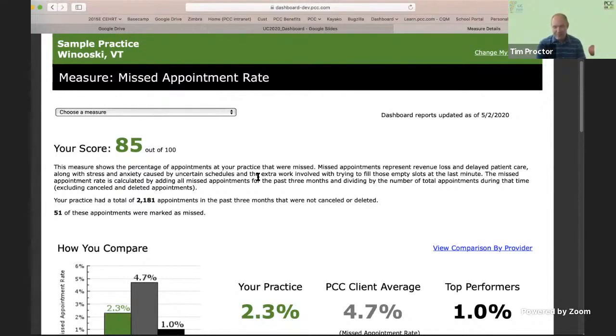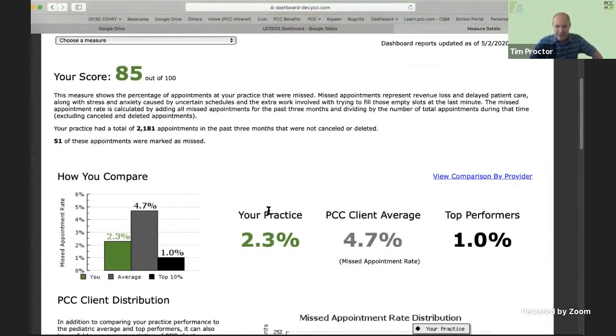But if you're looking at this and making changes at your practice to do different notification styles or reminder styles for appointments, you may want to track your progression or your performance on this in a more recent time period. That's why we changed to a 3-month period for this. So again, this is based on appointments being marked as canceled, marked as missed at your practice, and it will track for that.